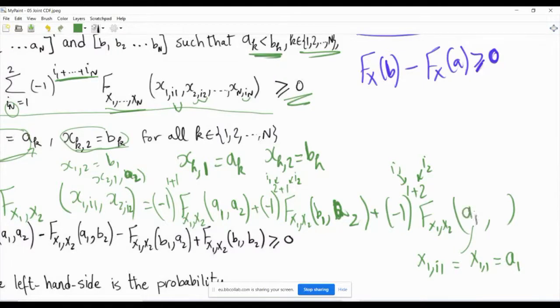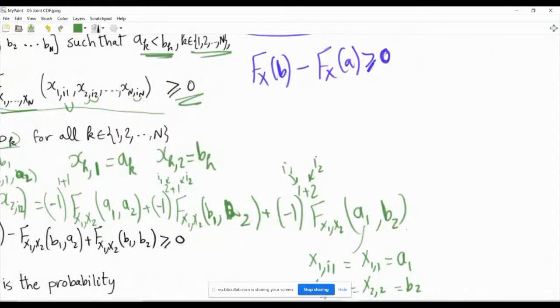So this will be A1. But what about the second guy, x2,I2? What is I2 in our case? It is 2. So this is x2,2. If the second index is 2, then we are talking about the B's. What B we are talking about depends on the first index. So it will be B2.